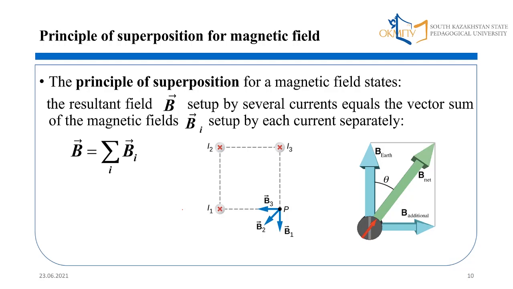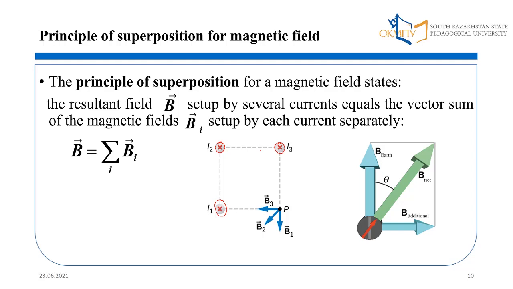So here in this picture we have three currents, and the cross in the picture shows that the current's direction is into the screen. All three currents have direction into the screen.